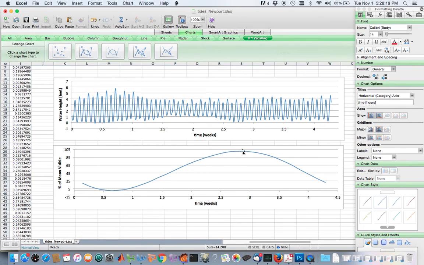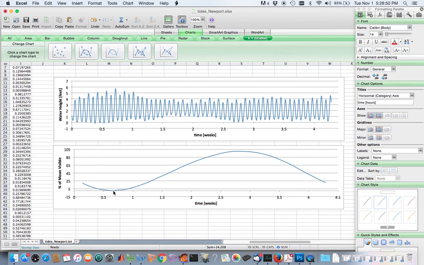Whenever 100% of the moon is visible, that's called a full moon phase. That is when the moon is in line with the Earth and the Sun, but the Earth is directly in between the moon and the Sun. So in a new moon, the moon is directly between the Earth and the Sun, and in a full moon, the Earth is directly between the moon and the sun.